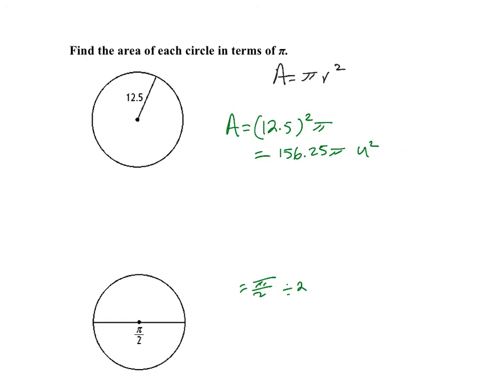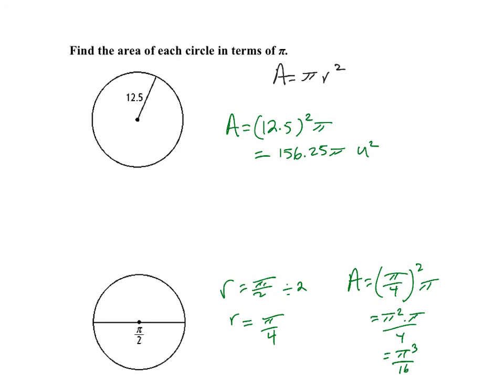My radius is pi over 2 divided by 2, which is the same as pi over 4. So my area is pi over 4 squared times pi. So pi squared times pi divided by 16, so pi cubed divided by 16 units square. That's it.